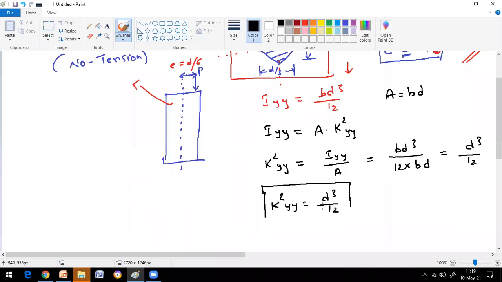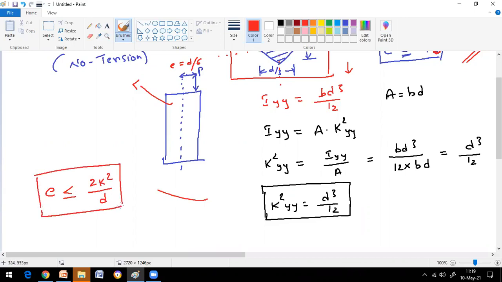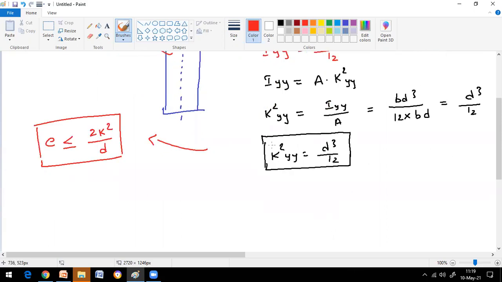Now, what is the earlier equation which we derived from the no tension condition? E should always be less than or equal to 2k square by d. Never forget this formula. I know the value of k square for the rectangular section, d cube by 12. Substitute this in the formula: E less than or equal to 2 k square by d, with k square as d cube by 12.